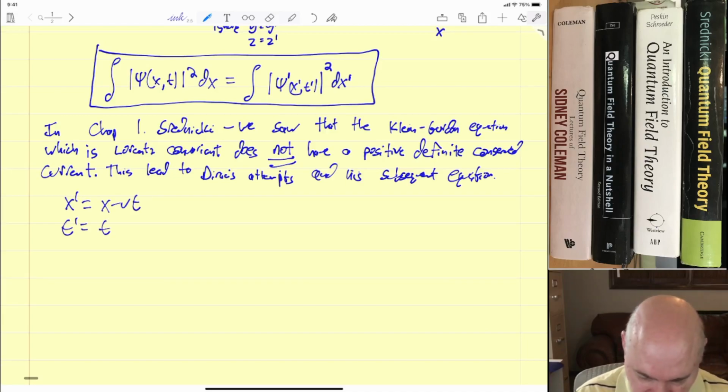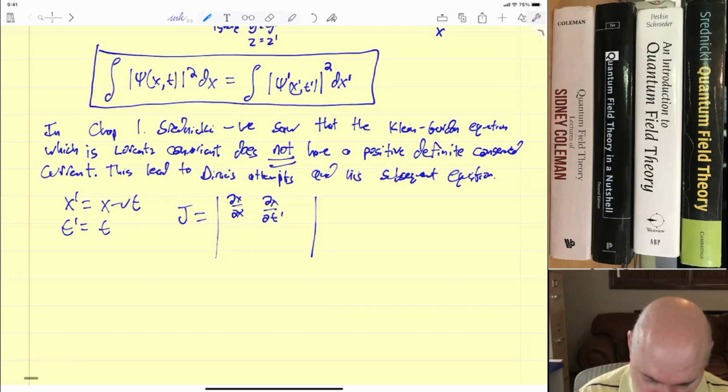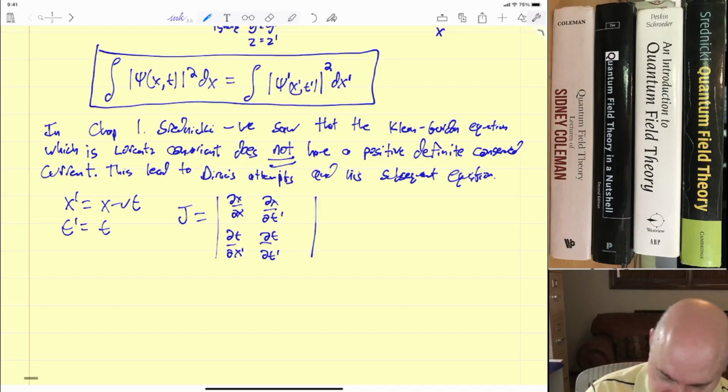So let's just compute the Jacobian of the transformation, to see if the measure changes. By our usual definition, the Jacobian is the determinant of this expression. I'm defining my transformation as going from x, t to x prime, t prime.